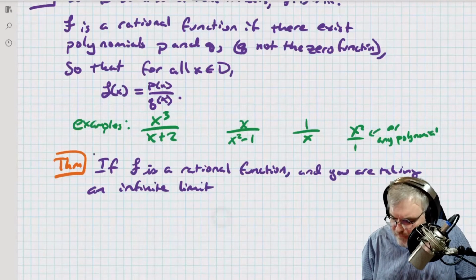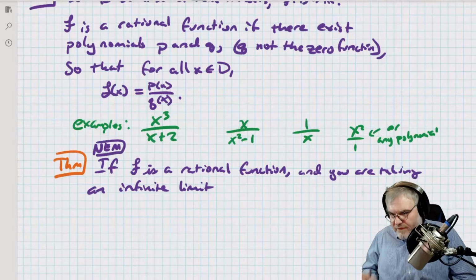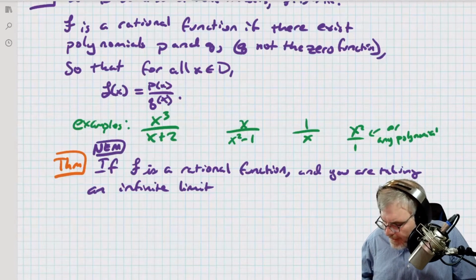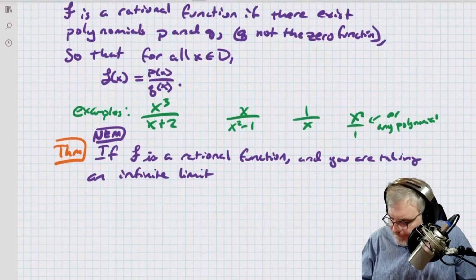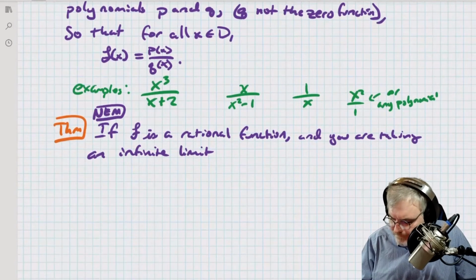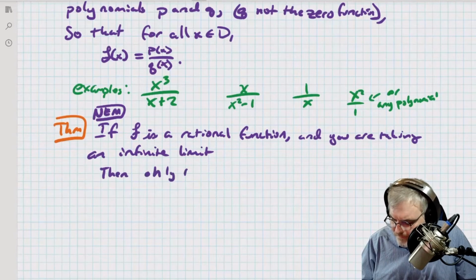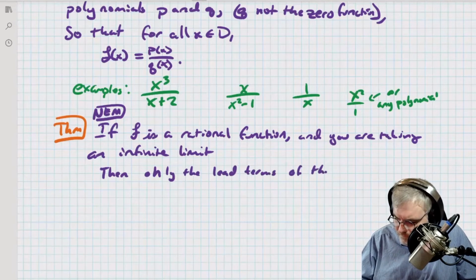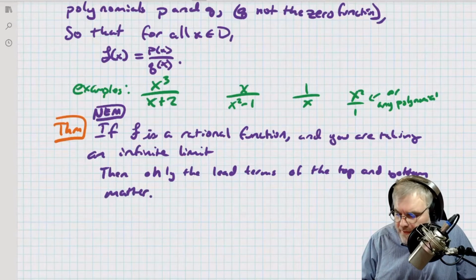NEM only works for infinity. Nothing else matters, only works for infinities. And if you are taking an infinite limit, then only the lead terms matter. Okay?